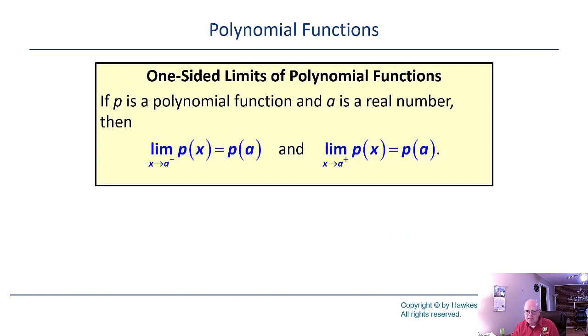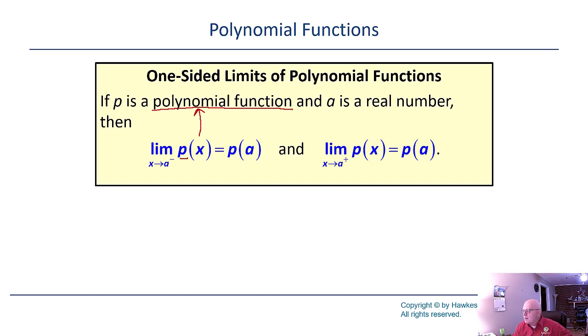One-sided limits. All right, so we've gone over this pretty well, I think. So just as a review, we're talking about a limit of a function called p. Notice that we're talking about polynomial functions. P of x is a polynomial. And that means you can say hooray any day you like.